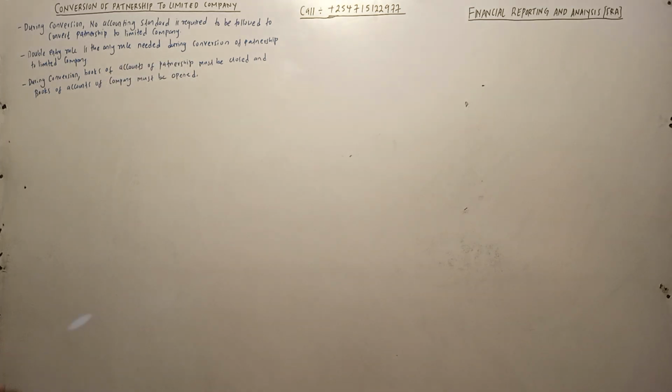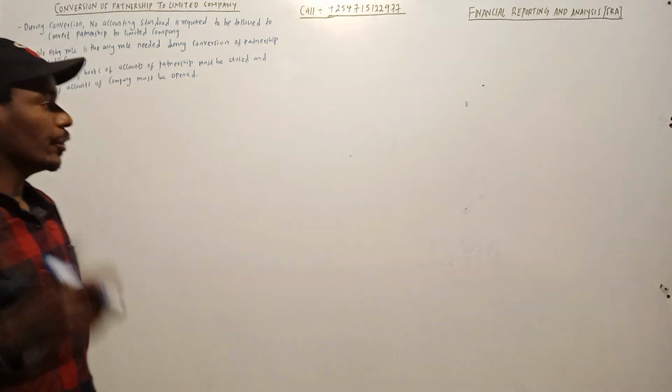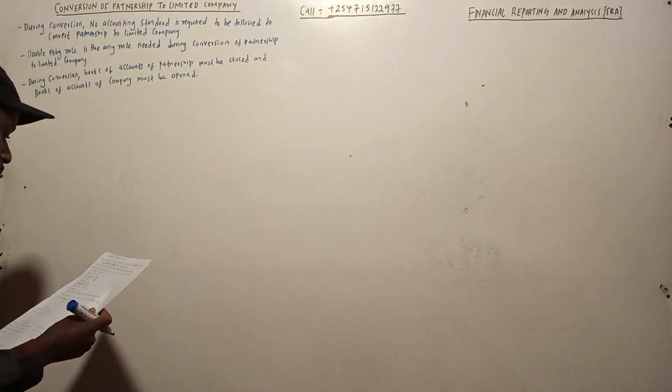So we close all the books of account of the partnership, then we open the required books of account of a company.